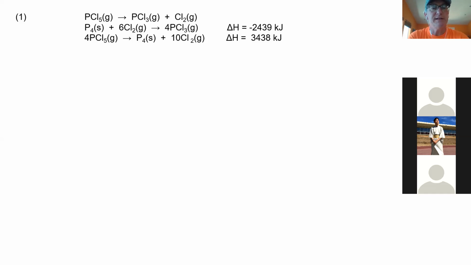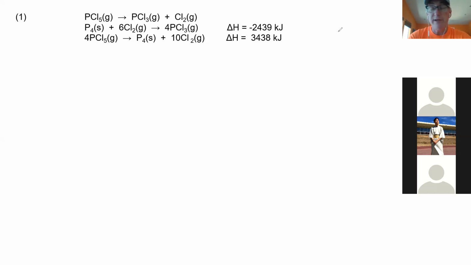I've broken these down by what is the reaction we want, which is on the top, and what reactions go into making that, which are on the bottom, the ones with the delta H next to them.